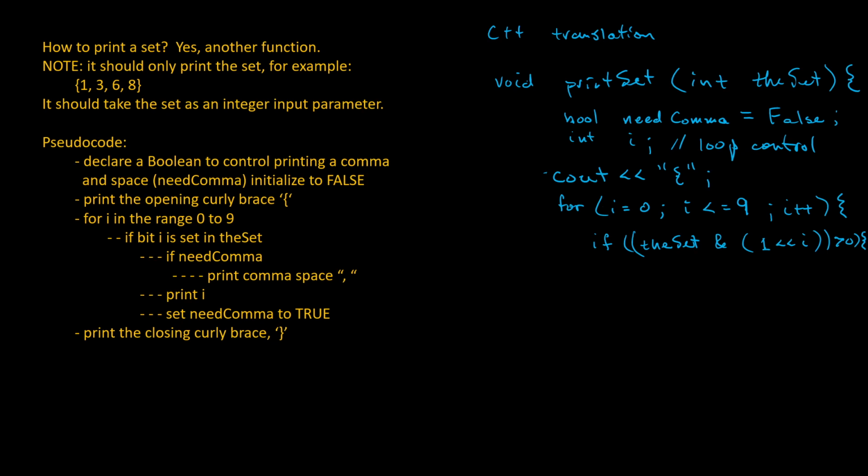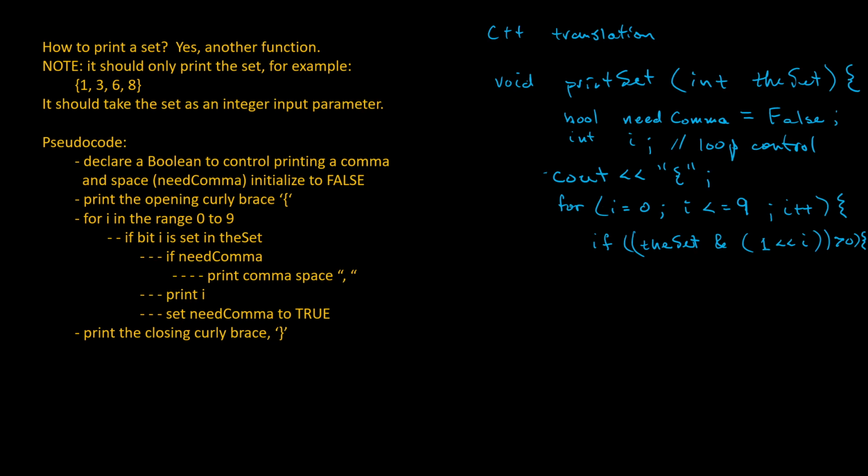When I'm checking 1, I'll get a 0 or a 2. When I'm checking 2, I'll get a 0 or a 4. This will return an integer value, and it will check the ith power of 2.